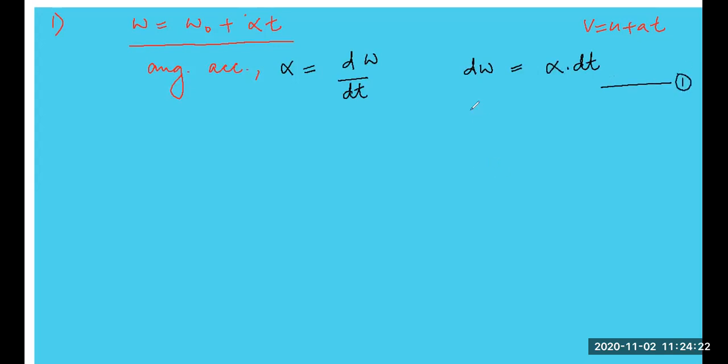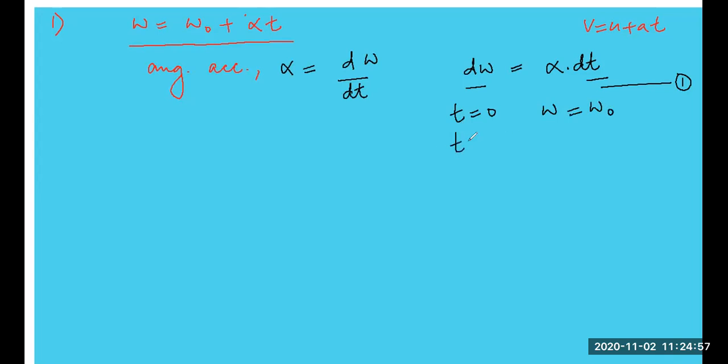Now, students, I define the boundary conditions. I have to integrate both the sides, so I have to specify the lower limit and upper limit. When t is equal to 0, angular velocity is the initial angular velocity, omega naught.